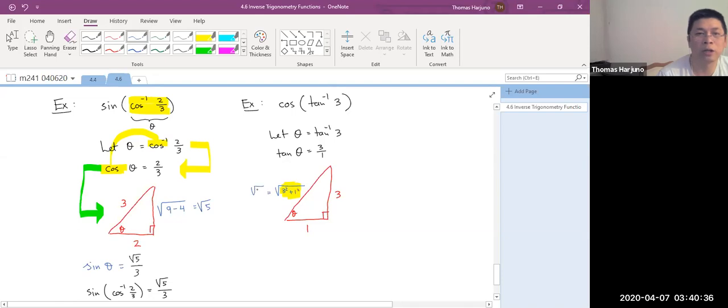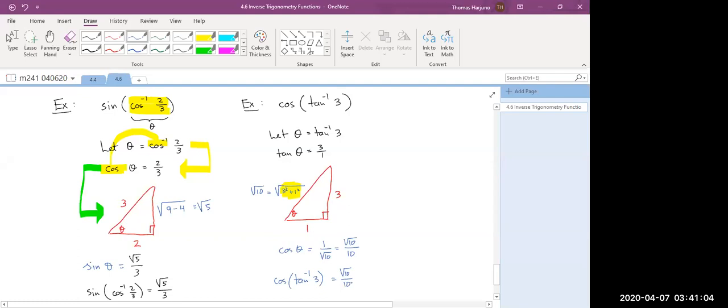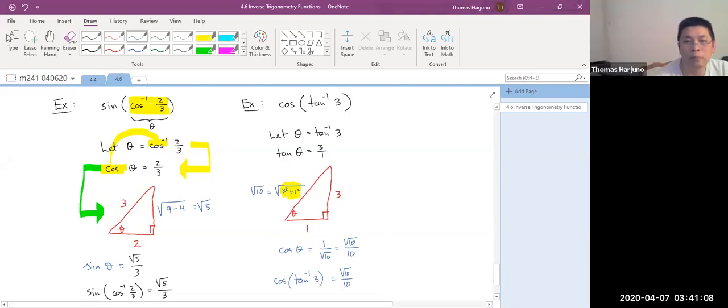That's radical 10. Now what I need is the cosine of that. Cosine theta equals 1 over radical 10, that's radical 10 over 10. Therefore, cosine of tangent inverse of 3 equals radical 10 over 10. Is it okay? Yeah. Now, let me ask you to do problems from the book.